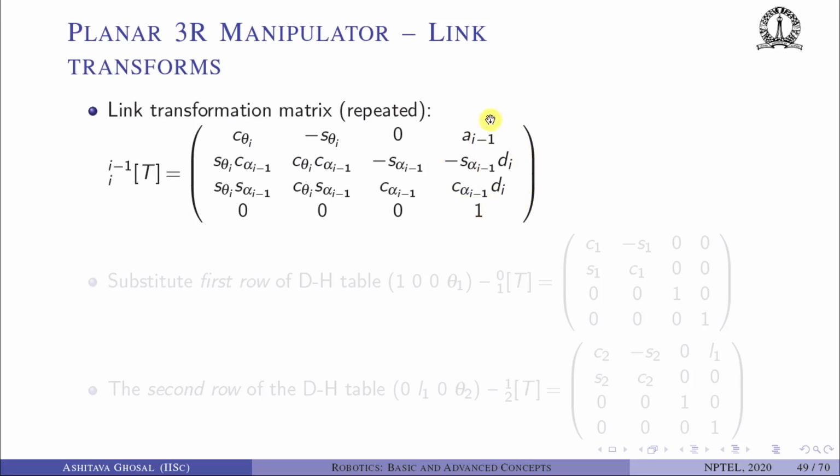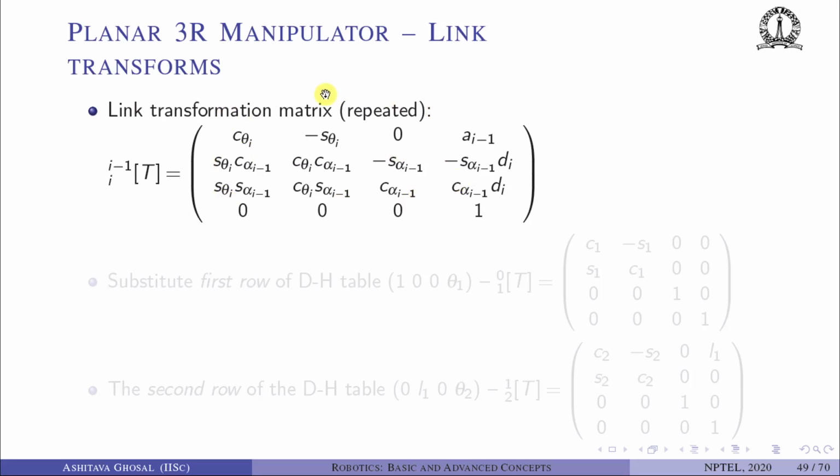The last column represents the location of the origin of link i with respect to link i minus 1. The top 3 by 3 is the rotation, or the orientation, of link i with respect to link i minus 1.